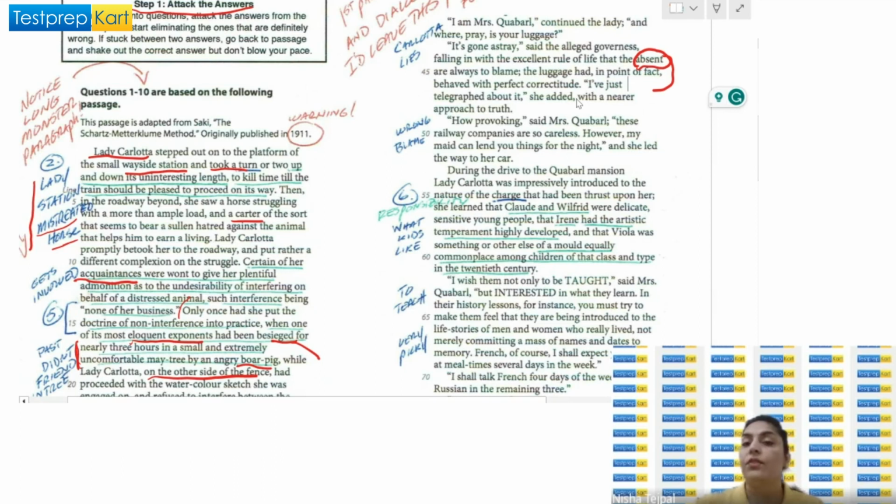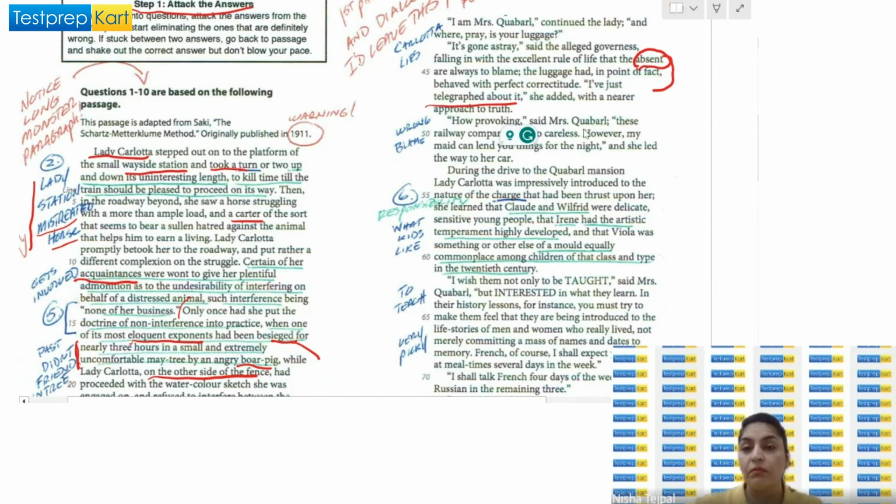"Okay, I've just telegraphed about it," she added. Now she is telling Miss Quabal that she has also messaged the concerned authorities about it. She added this with a nearer approach to truth, to make the matter she has stated look a little true. "How provoking," said Miss Quabal.